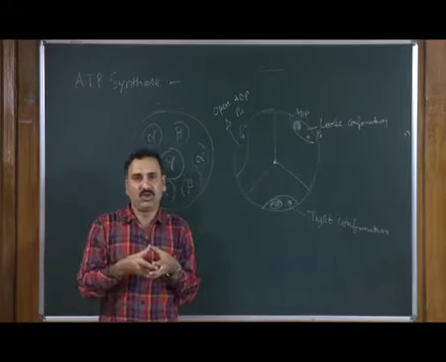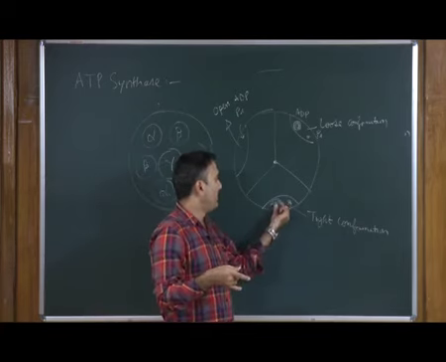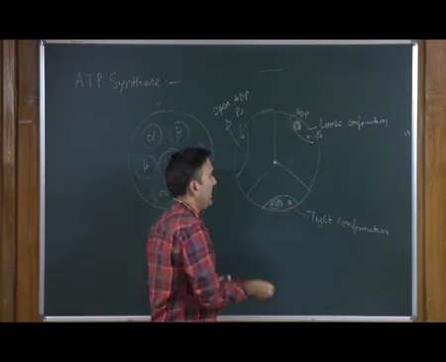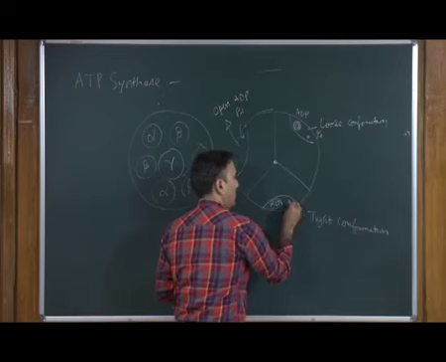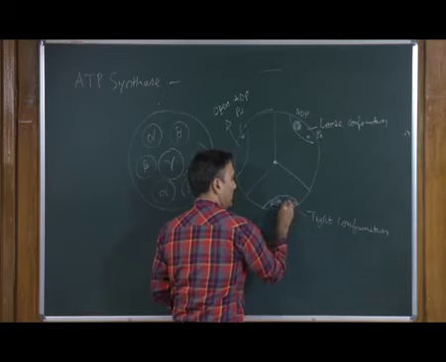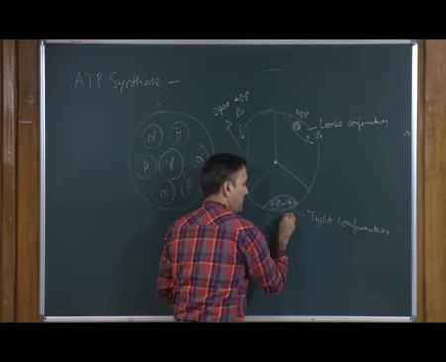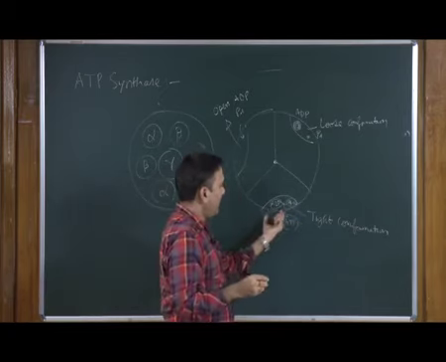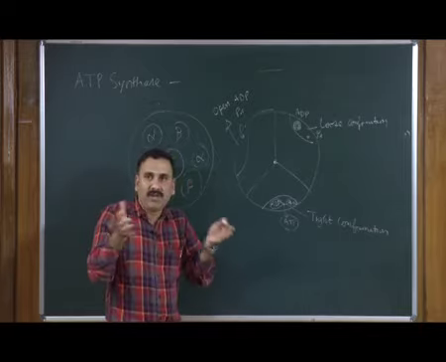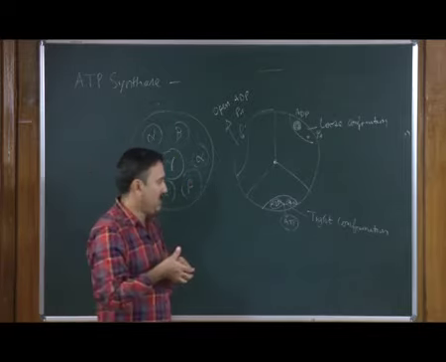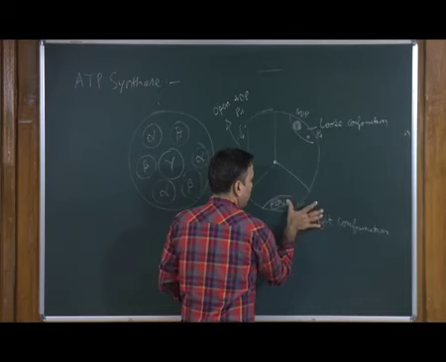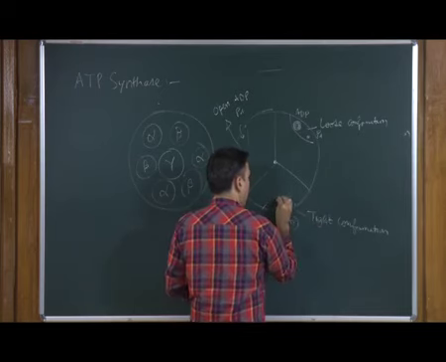a tight conformation, the coupling reaction takes place between the ADP and PI, and as a result they both get combined and it generates the ATP. So, in the tight conformation, the ADP and PI actually get combined to each other and generate the ATP.